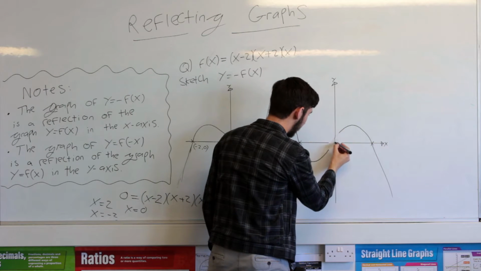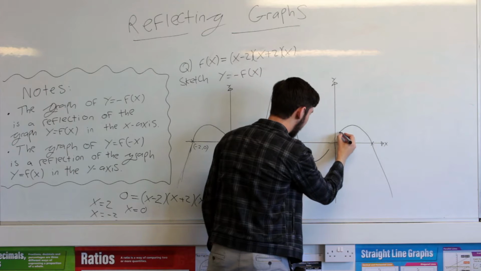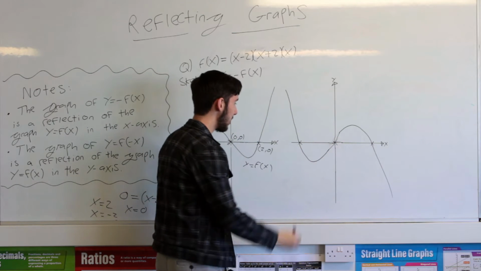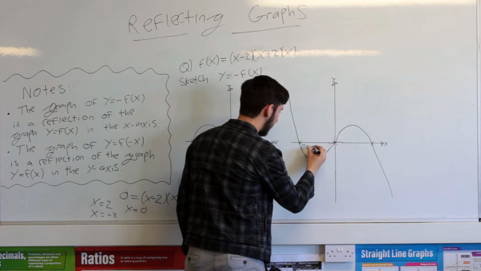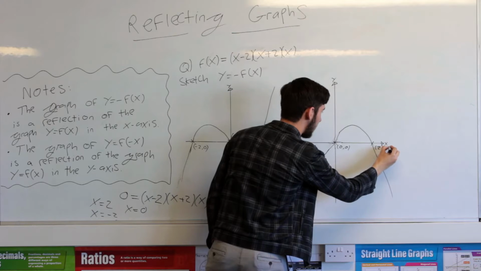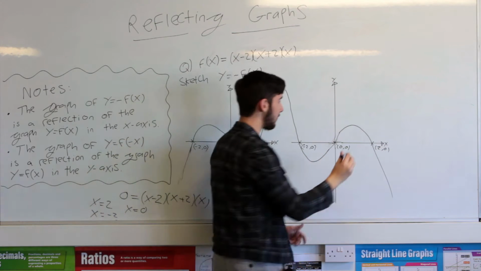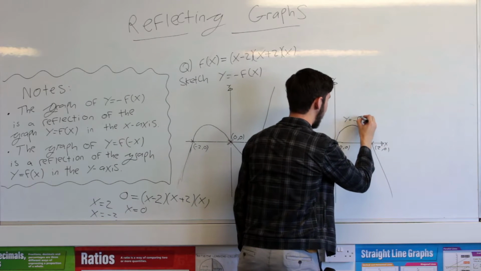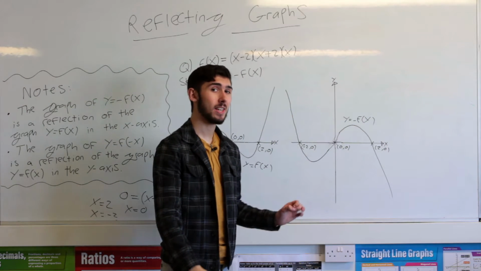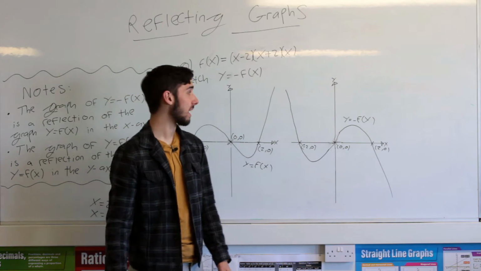I don't know how, I miss so much. Jeez. Okay, that is minus 2, 0, 0, 0, 2, 0. This is the graph of y equals negative f of x. Not y equals f of negative x, y equals negative f of x, okay?